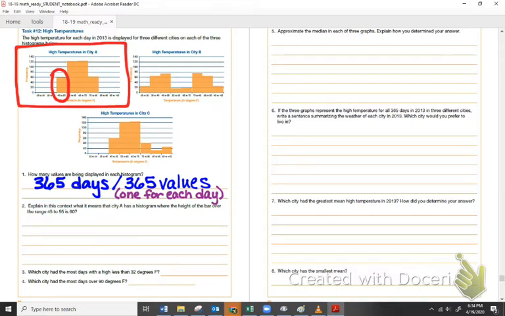With the bar going up to 60, what that means is that city A had 60 days in 2013 where the high temperature was between 45 and 55 degrees.